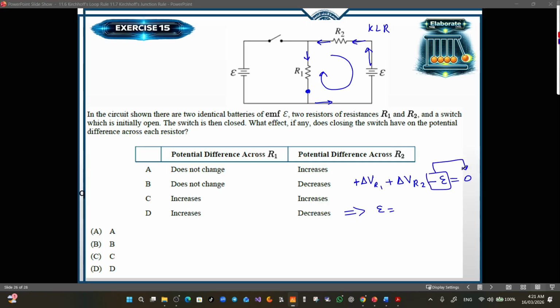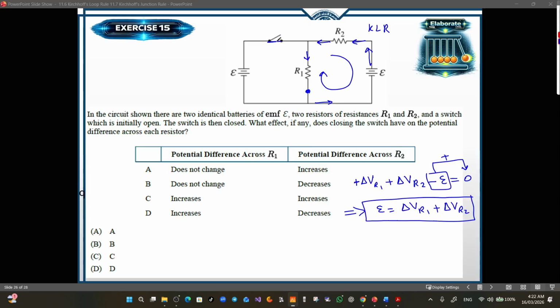If we move the electromotive force to the other hand side, it becomes a plus. So the electromotive force is equal to delta VR1 plus delta VR2, which means the electromotive force of the battery will be divided, not necessarily equally, between delta VR1 and delta VR2. So both electric potential differences for R1 and R2 are non-zero.